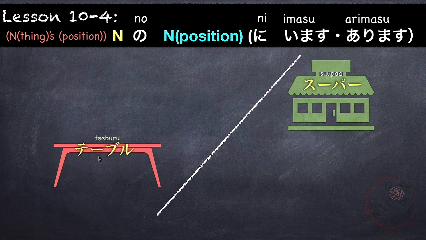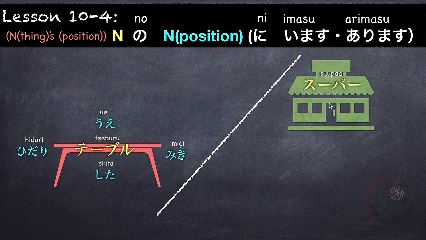If we say above the table or on top of the table, we say teburu no ue. Or teburu no shita. Or teburu no hidari. Teburu no migi. So on top of the table, beneath or below the table, on the left side of the table, or on the right side of the table.